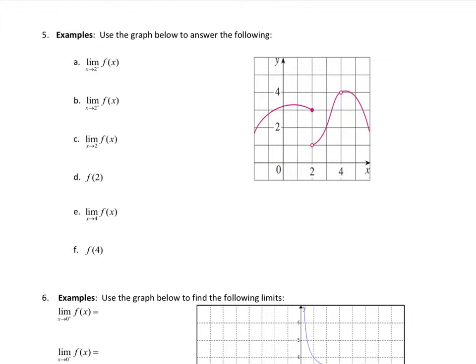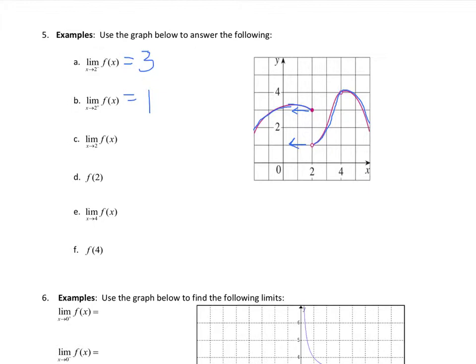So we would be using this graph here, following it along from the left, and approaching 2, look back over, and it looks like the y value would be 3 there. Alright, now we want to do the same thing but from the right. So we follow the path from the right, get to 2, and my y value is 1.